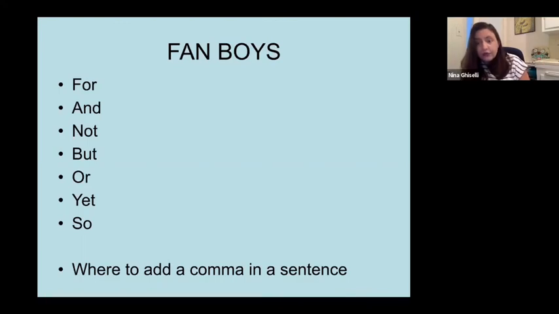I had a difficult time otherwise because I would just put commas anywhere that I felt that I had to take a breath. And that is not how commas work. So if you do a FANBOY, that helps. And I still think about this whenever I need to add a comma into something.